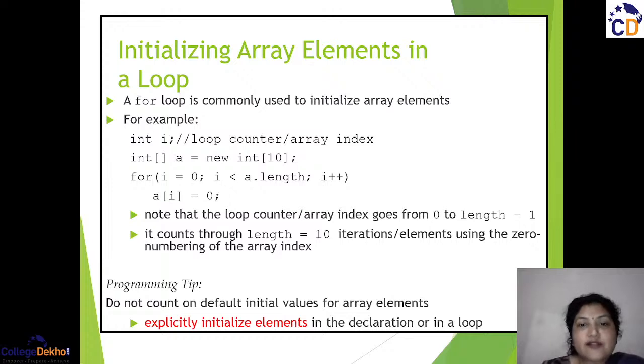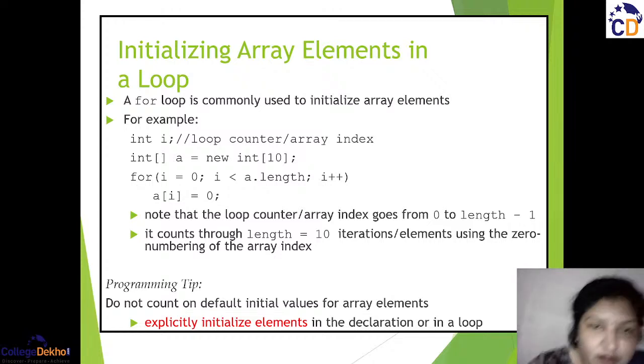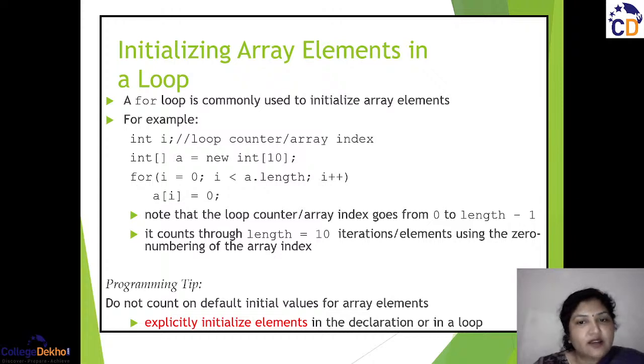Now, what does this length do? It is holding a.length. So the length of the array is 10. Then it is going to increment that part and initialize the first element with 0.